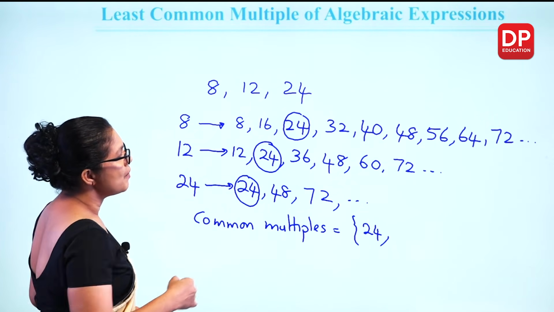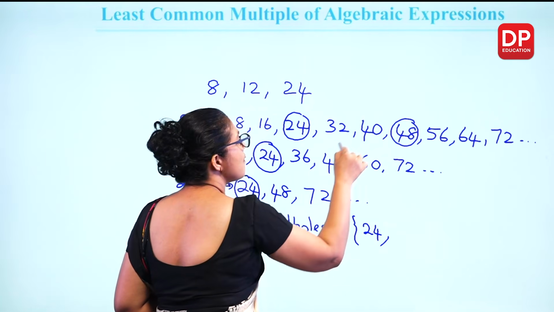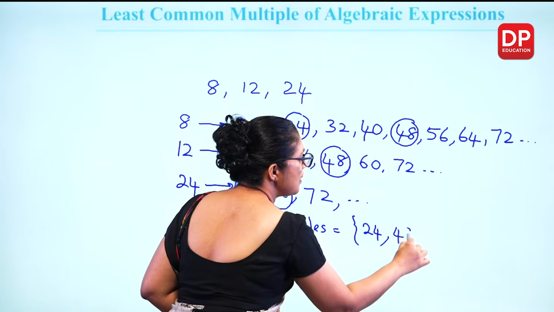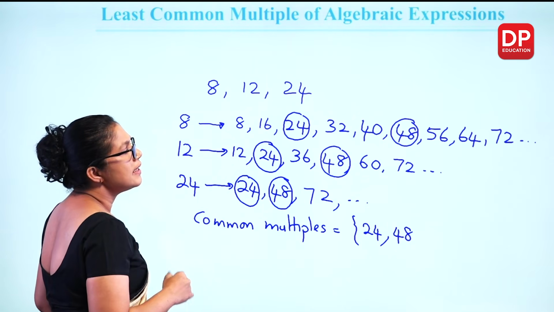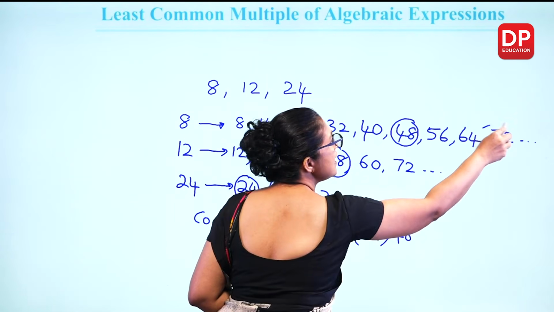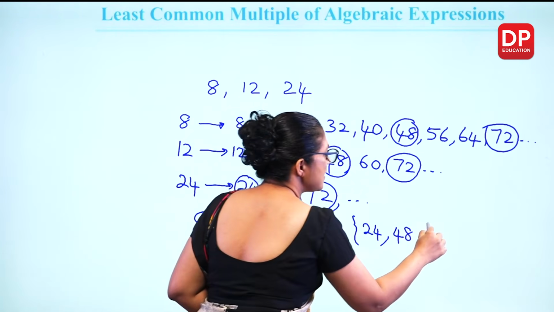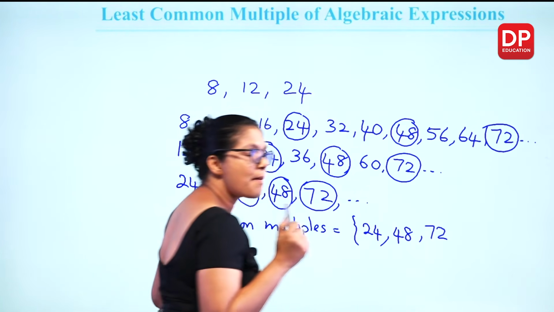What about the other one? I can see 48 is the other common multiple. And when you look carefully, we can see again 72 is another common multiple.